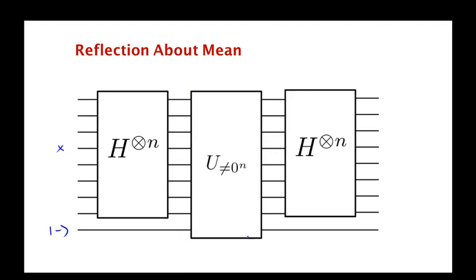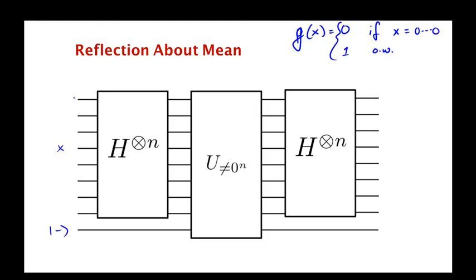But now what this circuit does is, it's computing the function g, where g of x equals 0 if x is all zeros, and it's 1 otherwise.